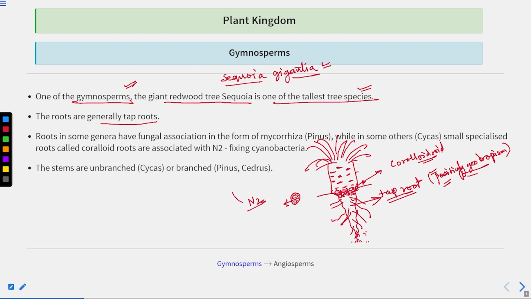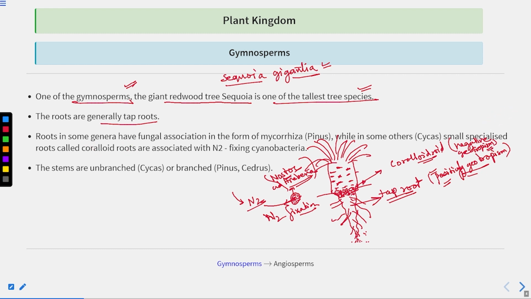They can take nitrogen from the air and fix it and make it available to the plant. So they are helping in nitrogen fixation. You can find Nostoc and Anabaena inside it. Nostoc and Anabaena, these are the cyanobacteria residing in the coralloid root. Now this coralloid root is showing negative geotropism phenomenon. Negative geotropism phenomenon.